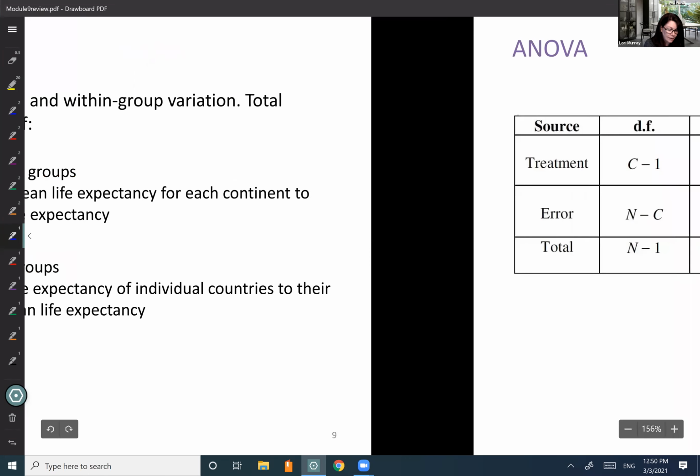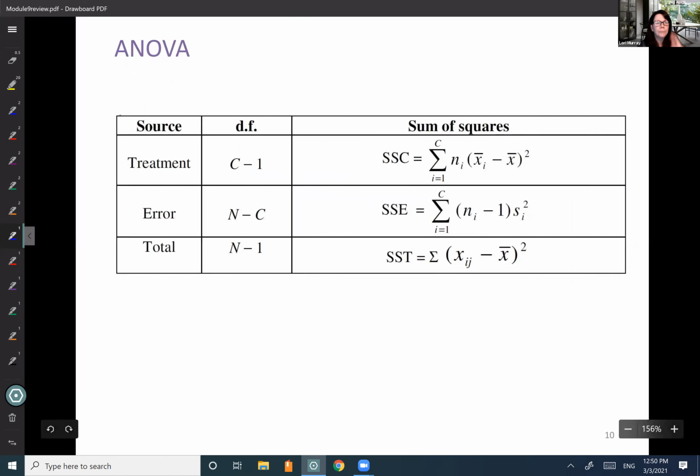And how do we calculate those variabilities? We have our sources of variation. So this would be the between the groups, or treatments. And the error is also the within. So the variability within the groups, we also call that the error.